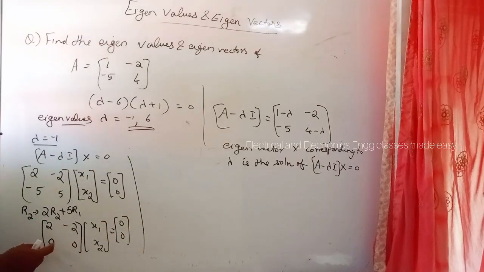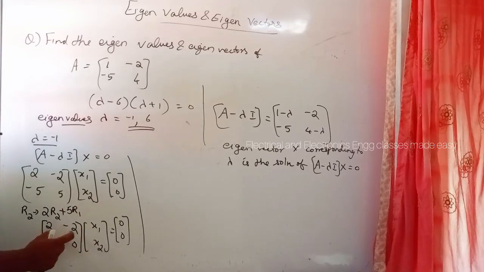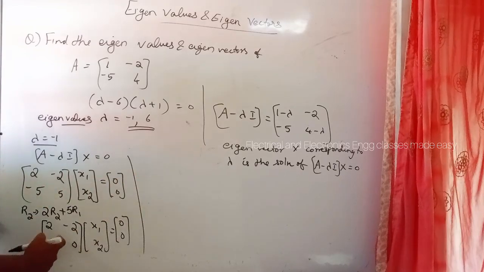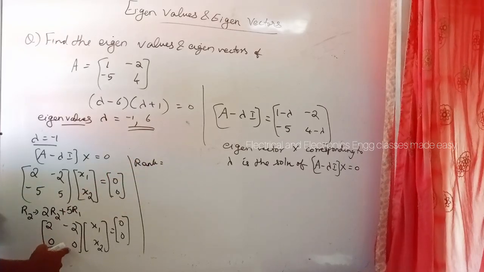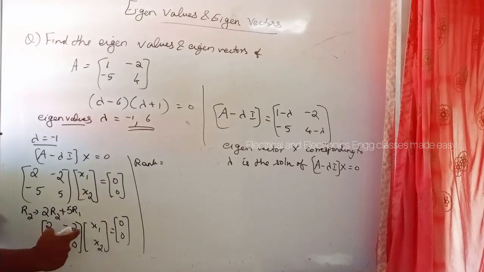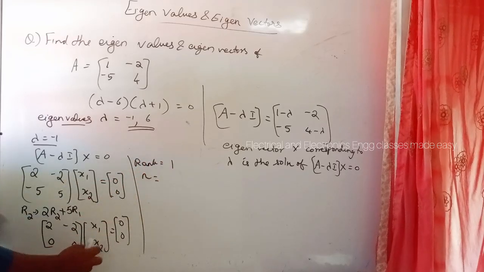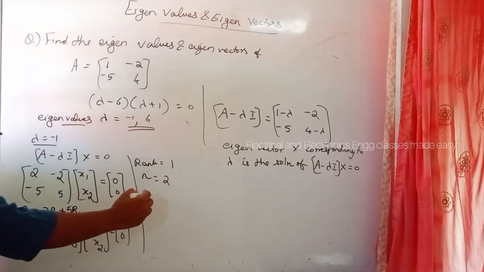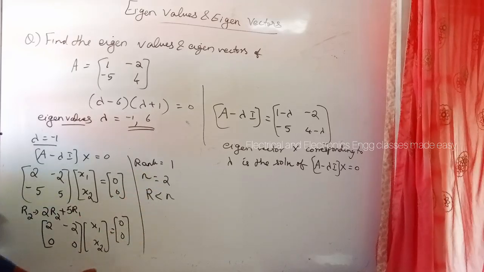Now here this row is 0. So what is the rank of this matrix? The rank is equal to the number of non-zero rows, that is 1, and the number of unknowns, x1 and x2, is 2. So the rank is less than the number of unknowns.